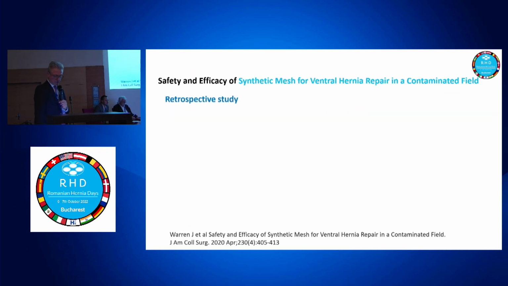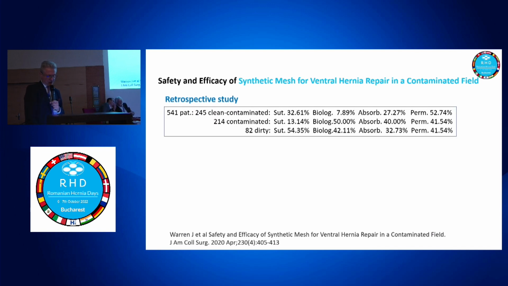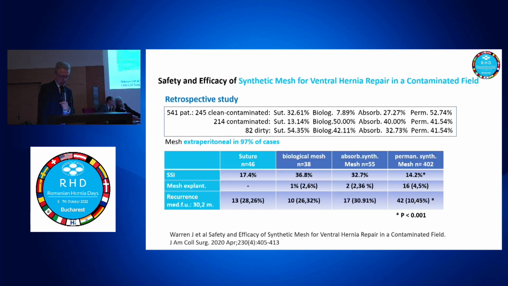So coming now to these studies we have to look at, Warren 2020, this was safety and efficacy of synthetic mesh for ventral hernia repair in contaminated field. This was a retrospective study. You see the comparison between suture, biological, absorbable, and permanent synthetic meshes, and you see these results showing for the suture repairs, surgical site infection rate.